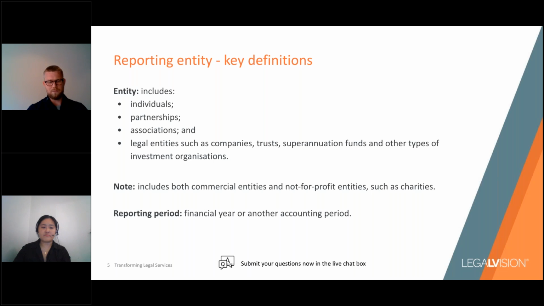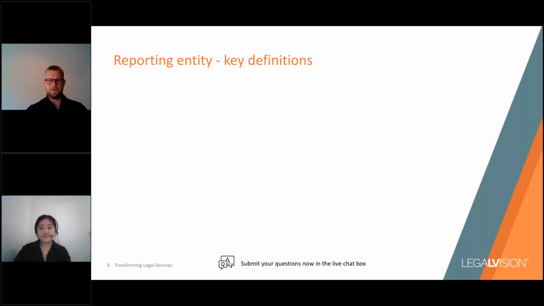other accounting period. It usually is your financial year. Consolidated revenue. So this is the $100 million mark. Basically it is the total revenue of the entity, but if that entity also controls other entities, then it's going to include the total revenue of all the group.